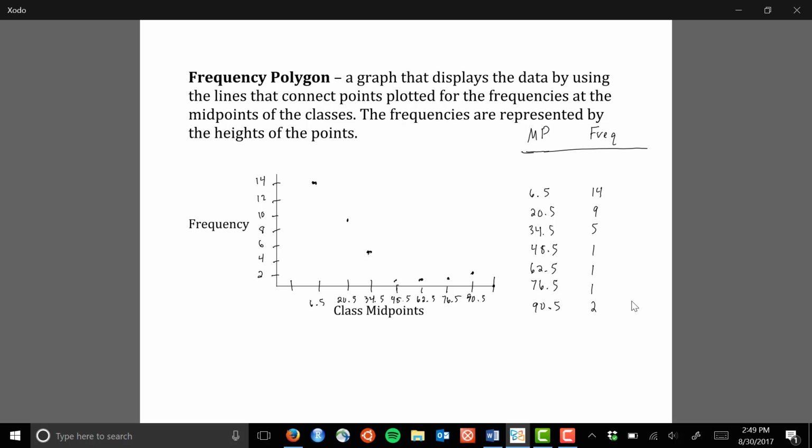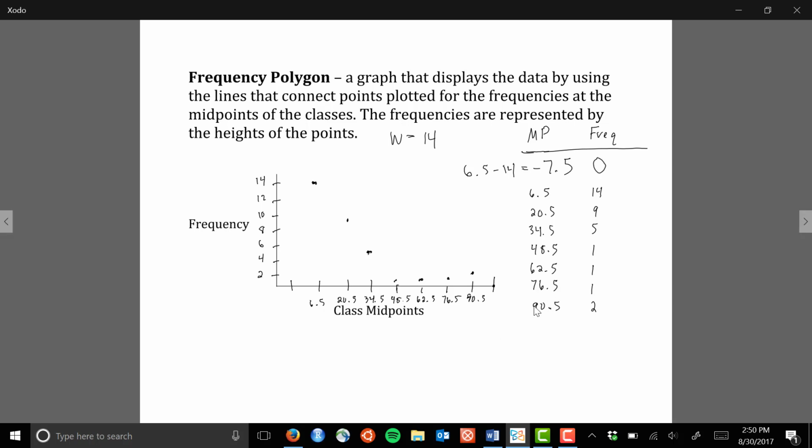What we need to do here is subtract the class width, which if you remember from before was 14. I'm going to take that class width and subtract it from the first midpoint. So 6.5 minus 14 equals negative 7.5. And since that class doesn't exist, it has a frequency of 0.